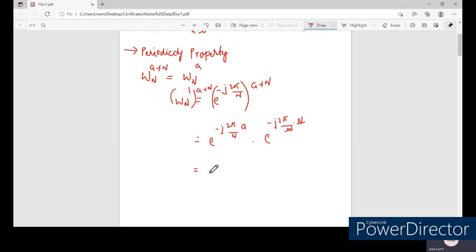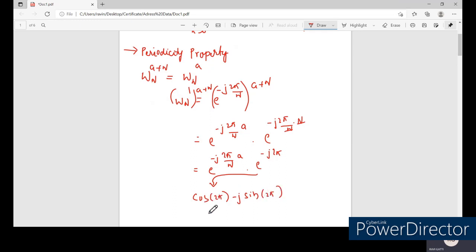Then you'll be getting e^(-j2π a/N) multiplied by e^(-j2π). Now if I simplify this expression, you'll be getting cos 2π minus j sin 2π.